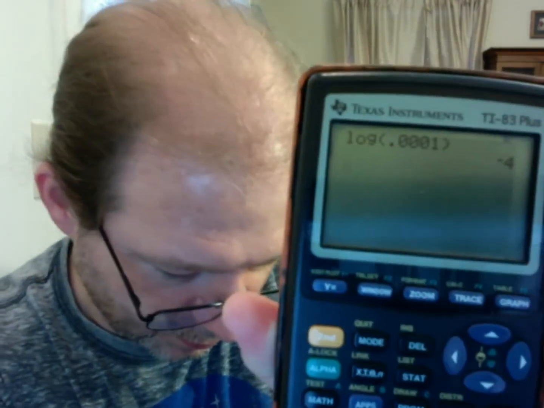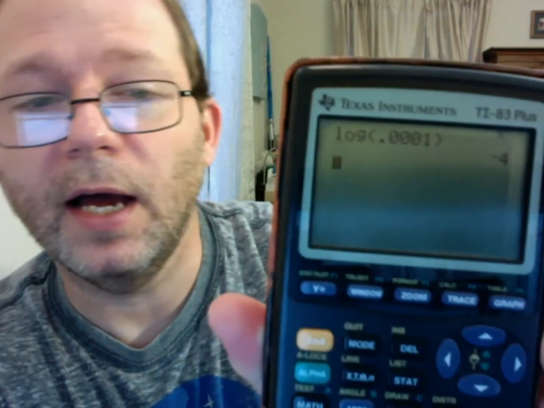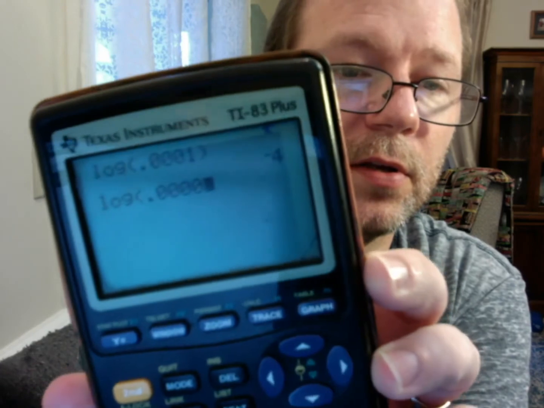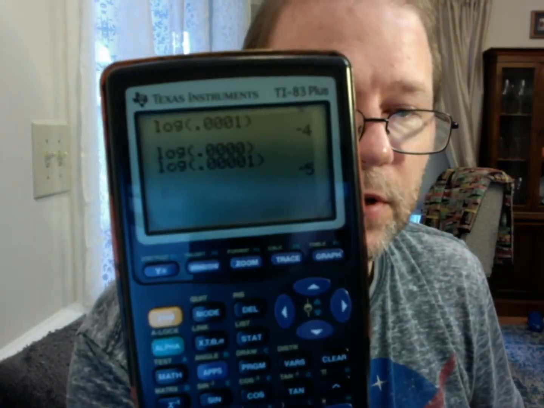It gives me -4. It's doing that because I left a 0 out. So I get this, and it gave me an error. But when I actually put the right thing in, it gives me -5.